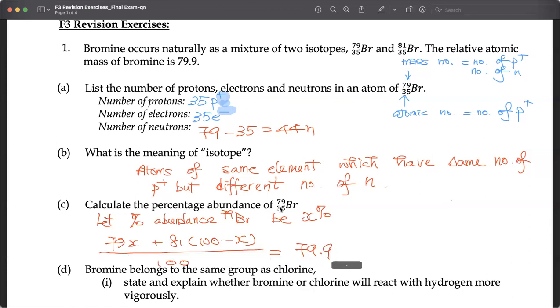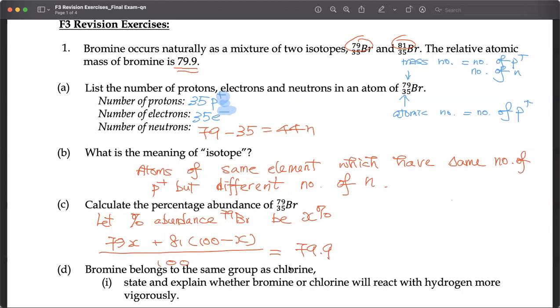We are talking about the relative atomic mass, which is the weighted average of all isotopes, including 79 and 81. 100% of bromine contains X% of 79, and the remaining must be (100 minus X)% of 81.